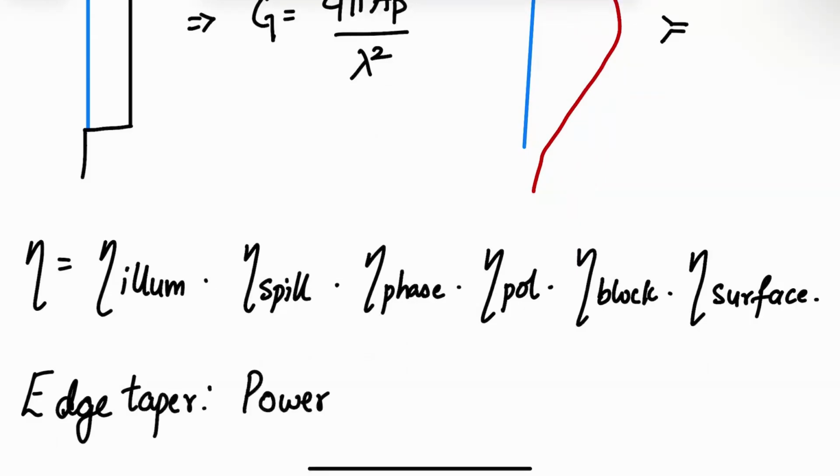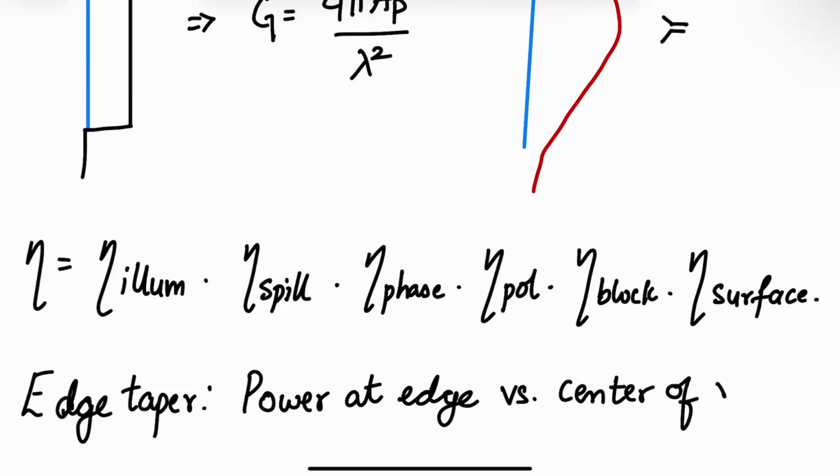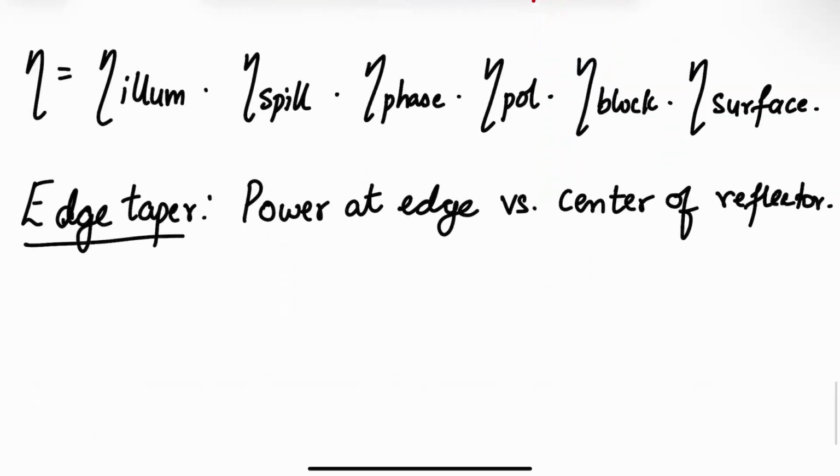So you can say it's the power at the edge of your reflector versus the center of the reflector. Okay, so typical numbers for edge taper are maybe -3 dB, which means it's a 3 dB taper, or -6 dB, which means it's a 6 dB taper, right?